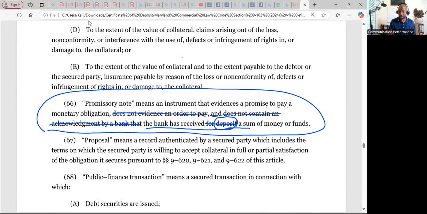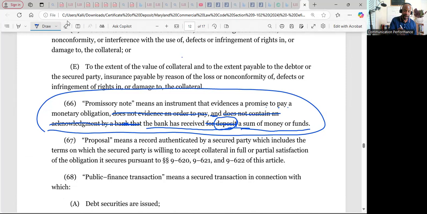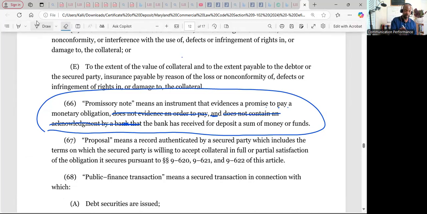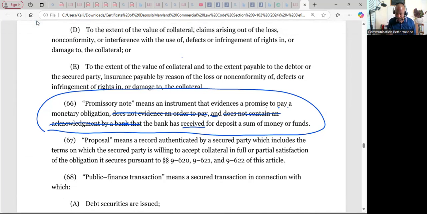It receives a sum of money or funds under the asset side of its balance sheet, and then it owes you a deposit under the liability side of the balance sheet, right? So it receives a sum of money or funds as an asset, but then it owes you a deposit, right? And this is the liability, right?